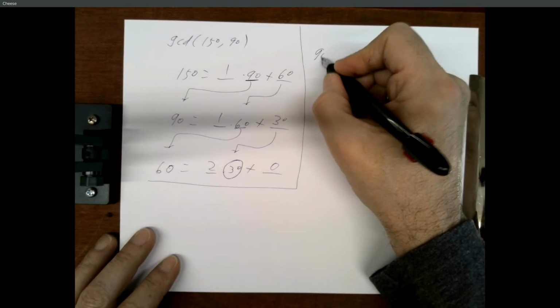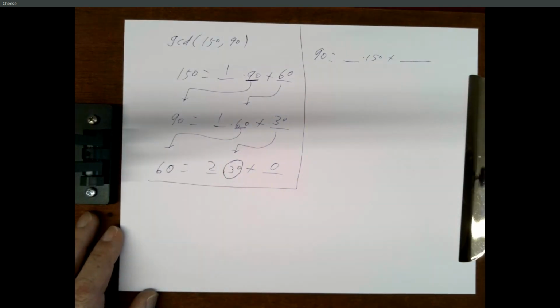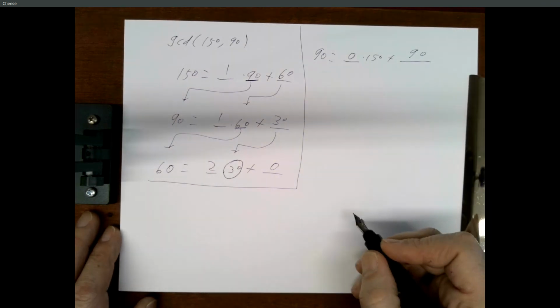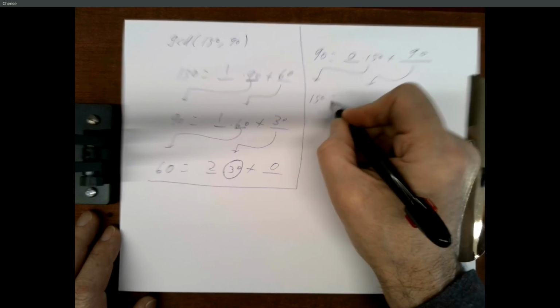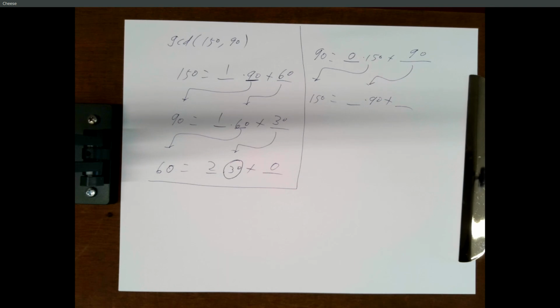If I start off by saying 90 equals something times 150 plus something, well, 90 is 0 times 150 plus 90. And then when I bring those down, I'm saying 150 is something times 90 plus something, and I'm right back to where I was.